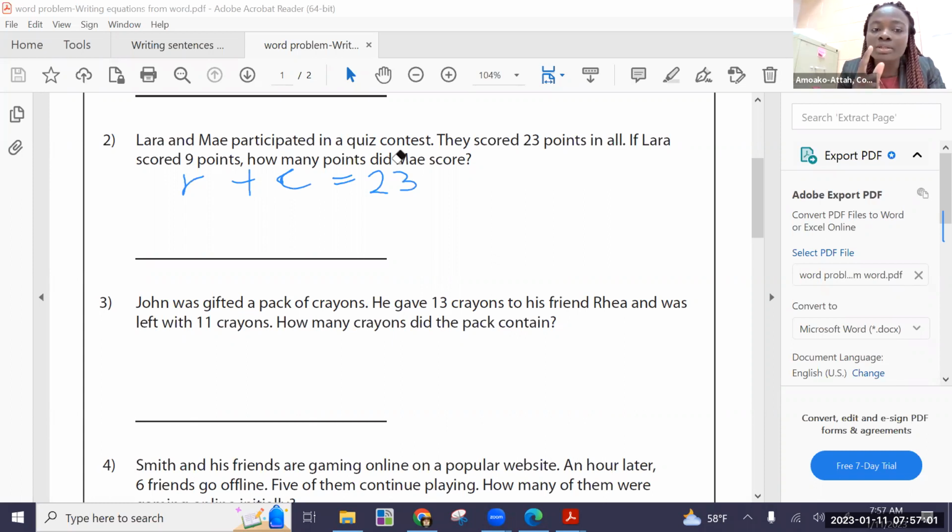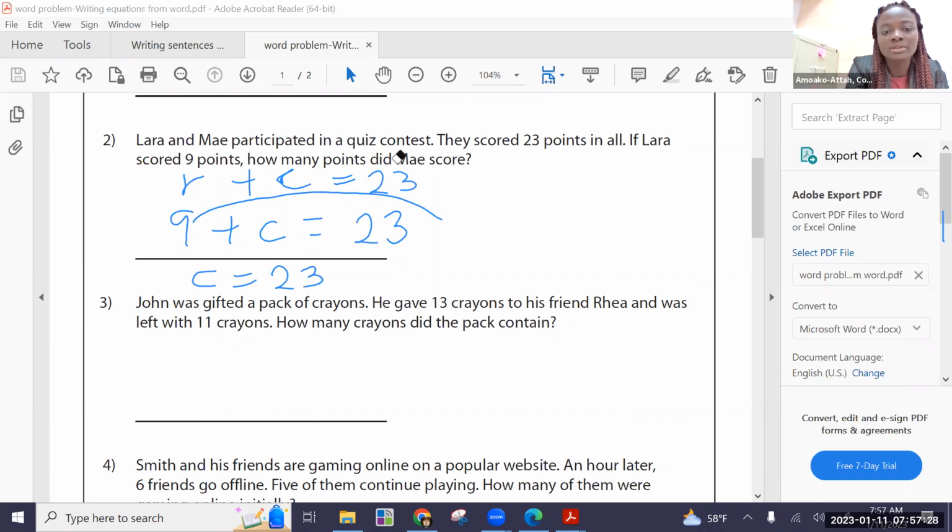If Ruth scored 9 points, so Ruth becomes 9 plus C, Comfort, which is unknown, equals the total points scored, 23. All right, good. So now how do we find the number of points that Comfort scored? So this becomes C equals your 23, then you move this one minus 9.